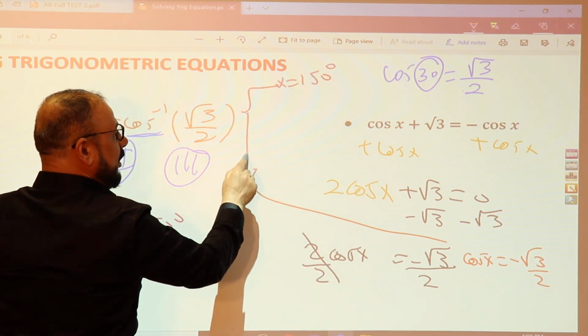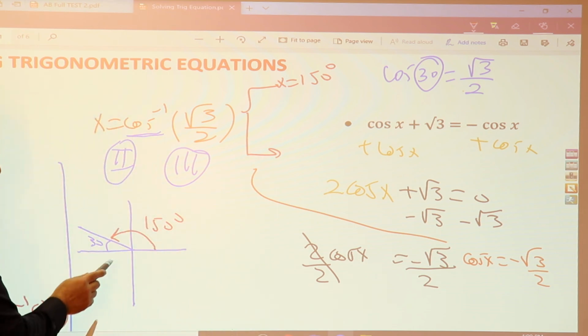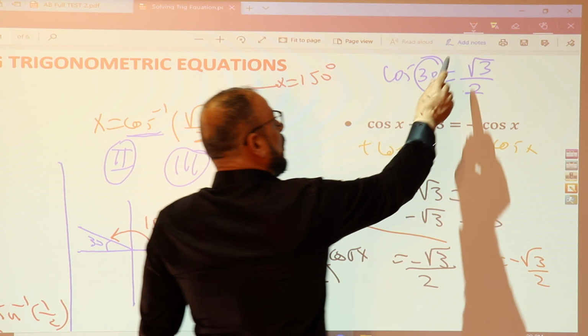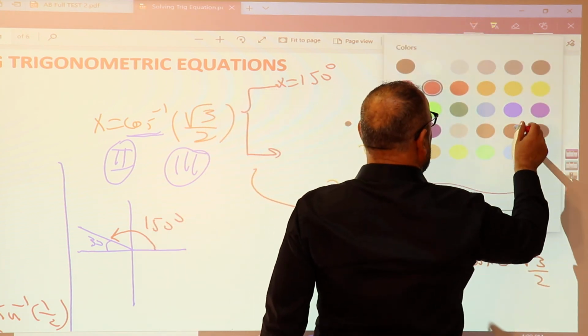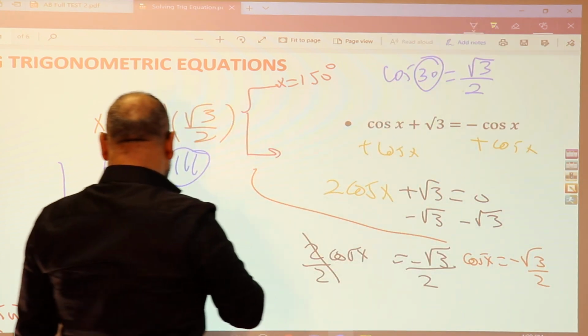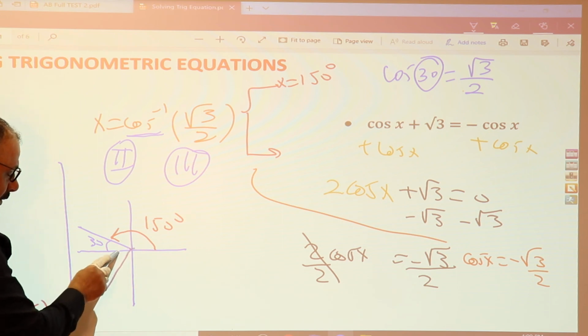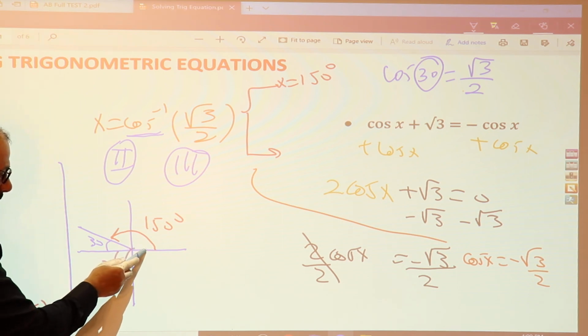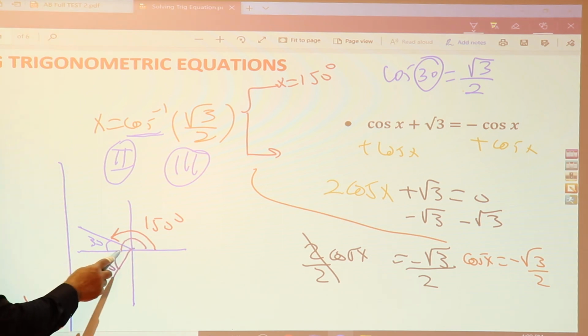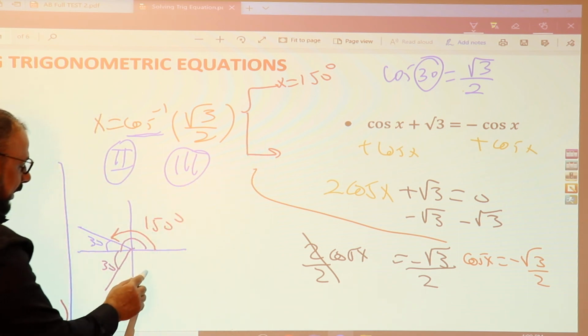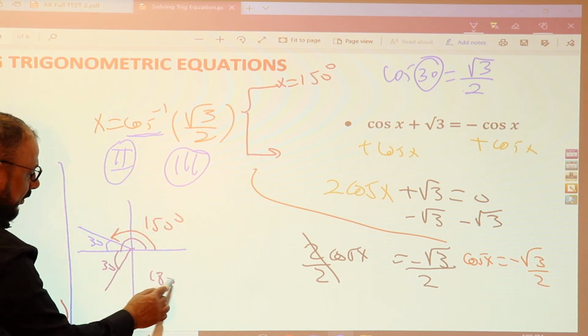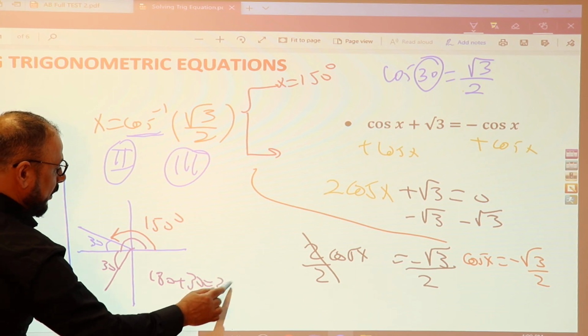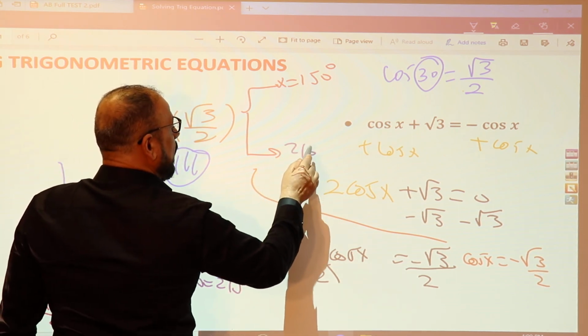I'm going to give you the radian later on. And we said in the third quadrant also, we have another choice for the negative, which is here. 30 degrees. What do we have to add, guys? 180, right? Which is 180 plus 30, 210 degrees.